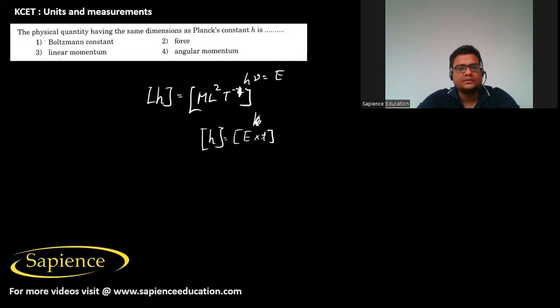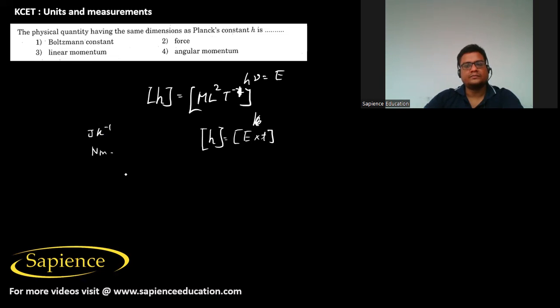Boltzmann constant, no. The unit of Boltzmann constant is joule per Kelvin. For linear momentum, it is Newton second, not Newton meter.